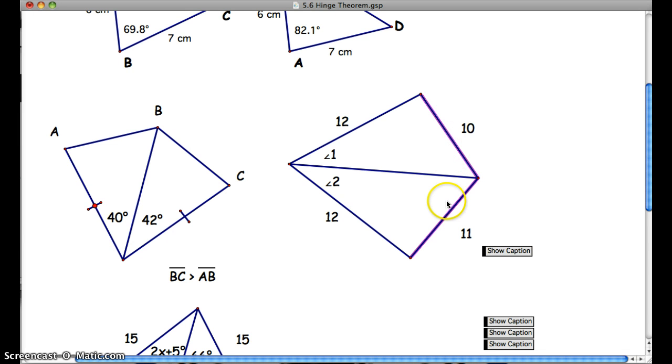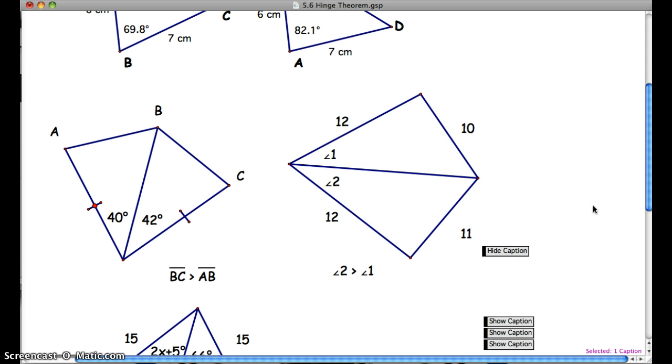But since they are not the same, I can now make a conjecture about these two angles. Since this is congruent to this, and these are congruent because of the reflexive property, I now know that angle 1 is less than angle 2 because 10 is smaller than 11. Or you could say angle 2 is greater than angle 1 because 11 is greater than 10.